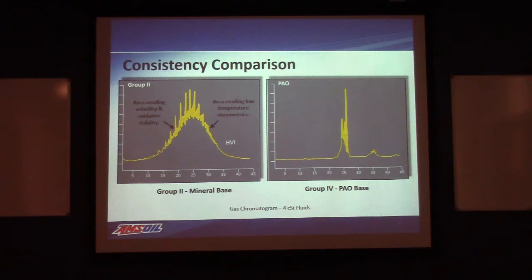You want the highest concentration of molecular structures in the center. Now, if we look at the right-hand graph, this happens to be a synthetic, what they call a polyalpha olefin, or Group 4 product. You'll see there is some variation, but very, very little compared to our mineral oil comparison. We have a higher concentration of those molecular structures that tend to provide us with the highest level of performance.